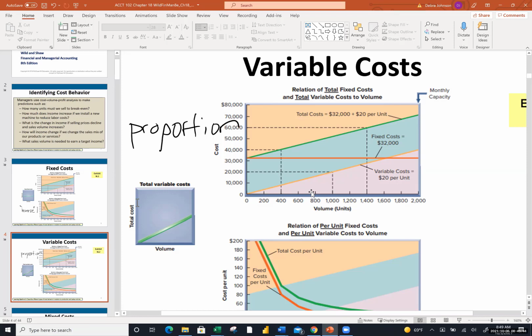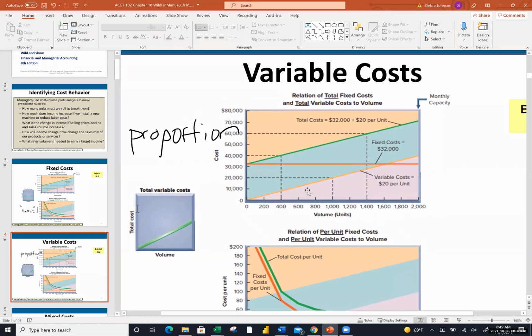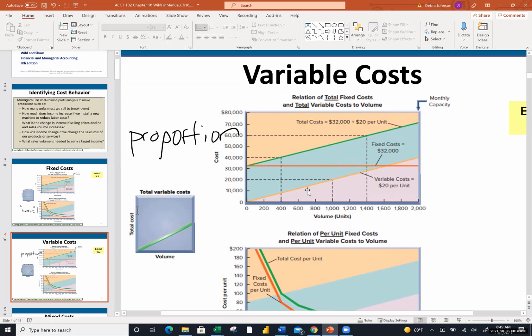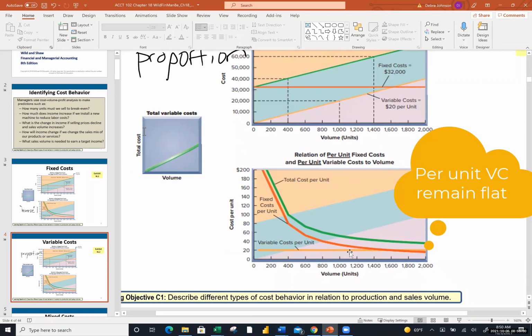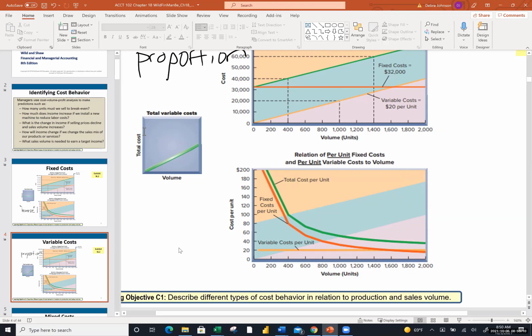I get that. We're talking about in general terms. So variable costs change in direct proportion to changes in activity levels, but on a per unit basis, those variable costs, there's that orange line, remain flat. Questions on that? Because if we don't understand how these costs behave, we won't be able to do these predictions.